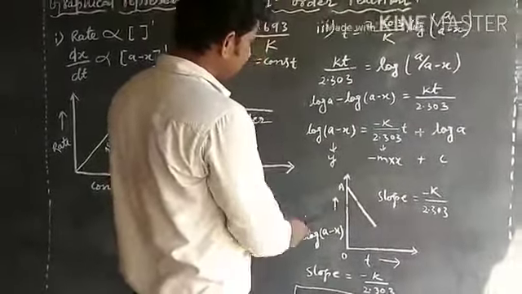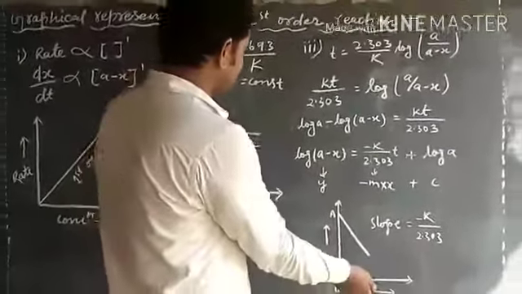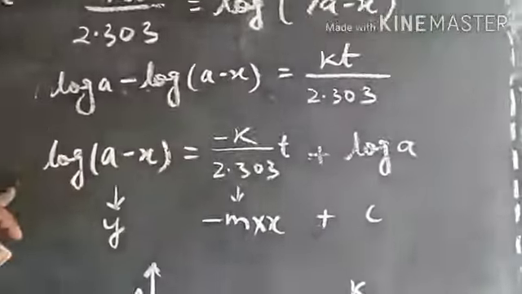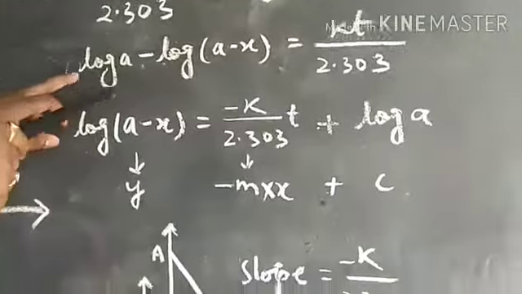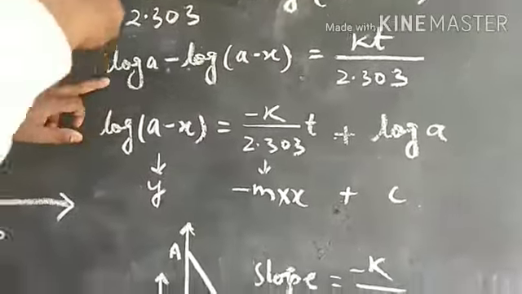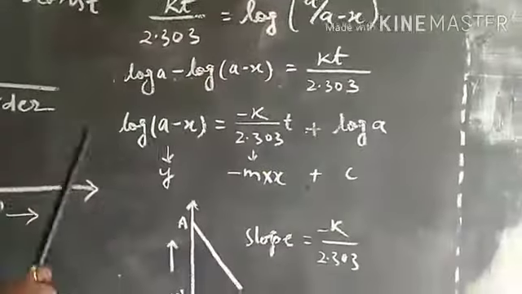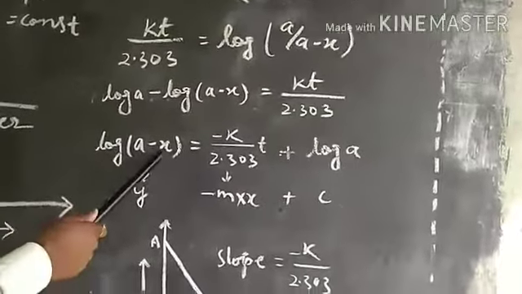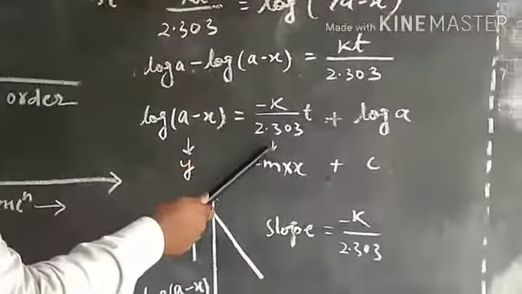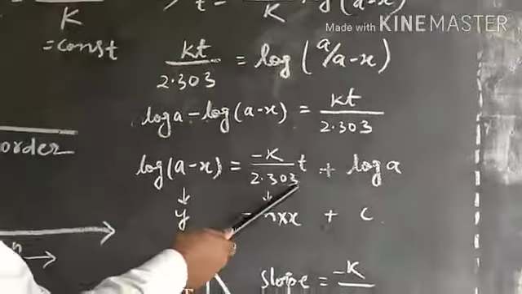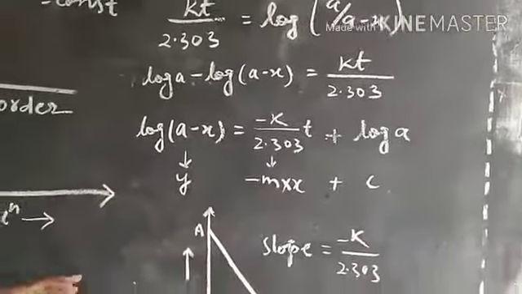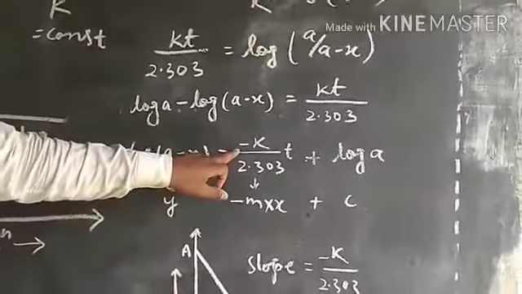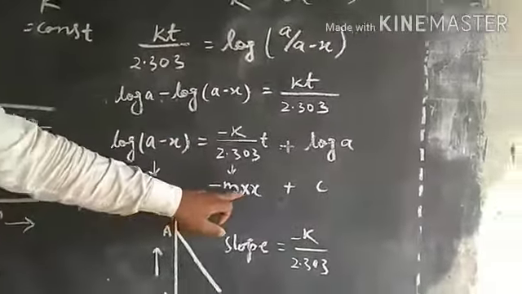When this comes to the left hand side and this goes to the right hand side, then in that case log a minus x equal to minus kt by 2.303 plus log a. This is considered y, and this is mx.